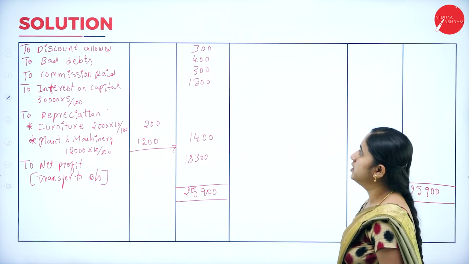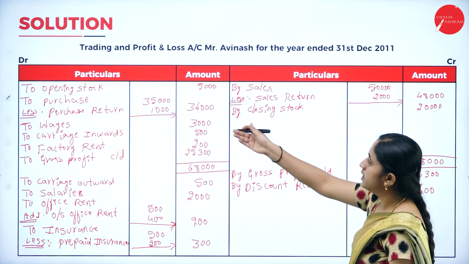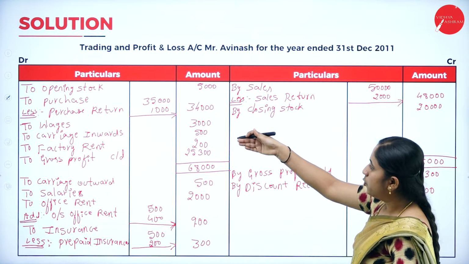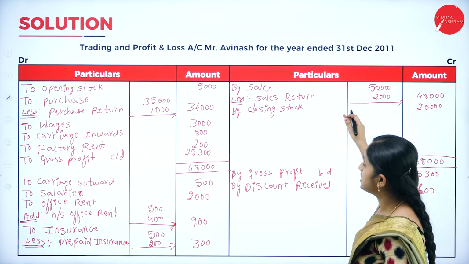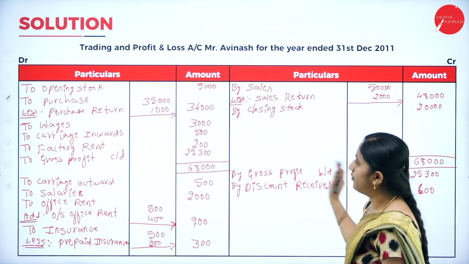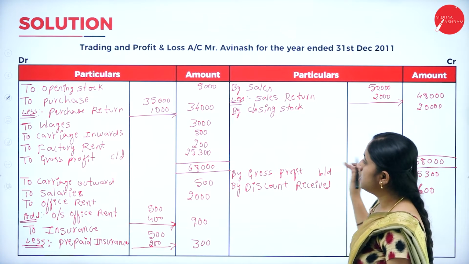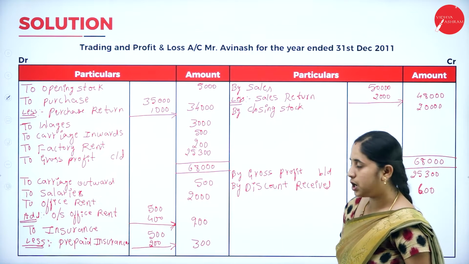So this is all about trading and profit and loss account. First you will consider opening stock, then purchase return, wages, any other direct expenses, and here in the credit side, sales return and closing stock. After recording all the entries, you will find the difference, whether it is gross profit or gross loss.